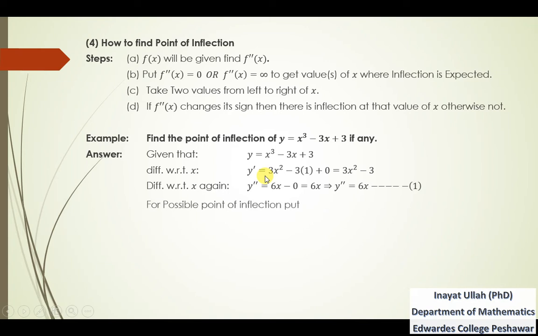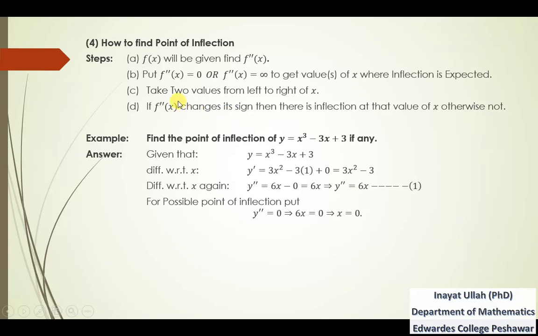For a possible point of inflection, put y double prime equal to 0. That means 6x equals 0, and dividing by 6 we get x equals 0. So that is the value of x at which inflection is expected.